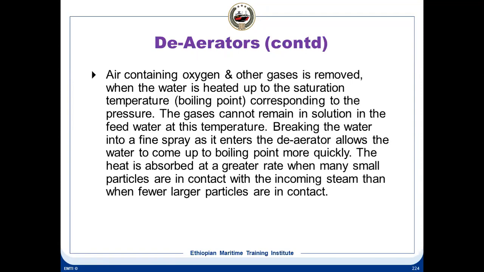Oxygen or any other gases harmful for the boiler, for example carbon dioxide, when the water is heated to its saturation temperature, its boiling point, all the gases in solution boil out. That is the bubbling that we see when any water is heated up to its boiling point.